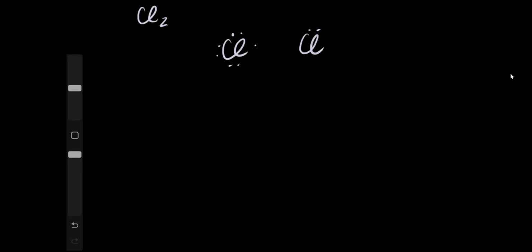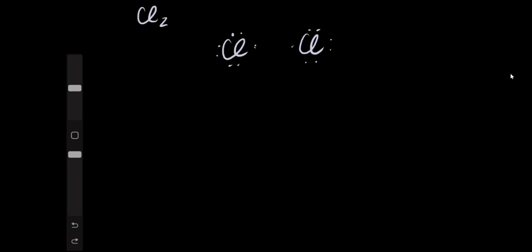And this is the other one. So here, assuming both of them, as they do, want to achieve a stable configuration of 8. If you move this one here, you're not achieving stability. You're achieving stability for this one, but not for the other one. So the only way that they can achieve stability is to share this electron.